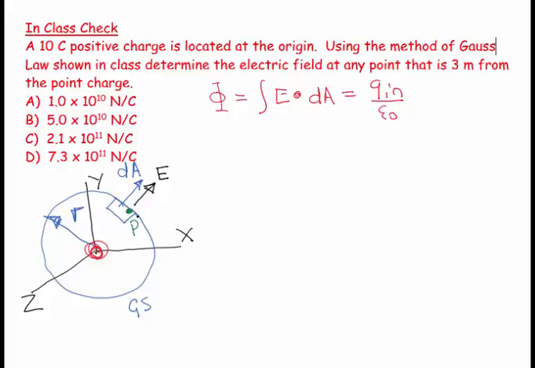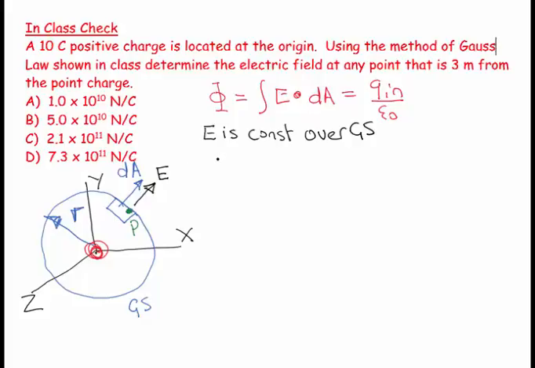So what I notice for this Gaussian surface is that E is constant over the Gaussian surface. And I know that because it's always the same distance. If you're the same distance away from a charge, then all points on that sphere will have the same electric field. So it becomes a constant, which is a good thing when I'm integrating.